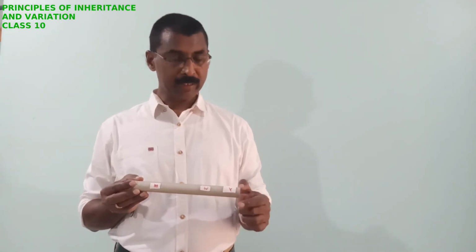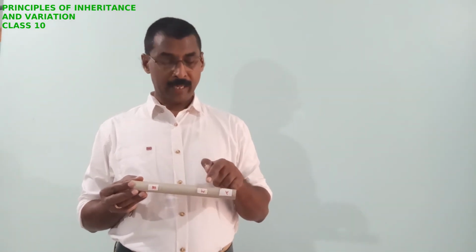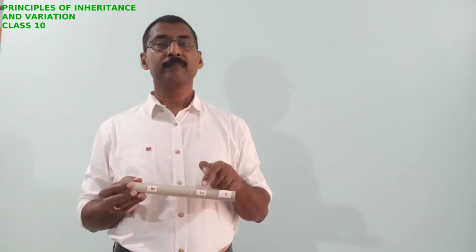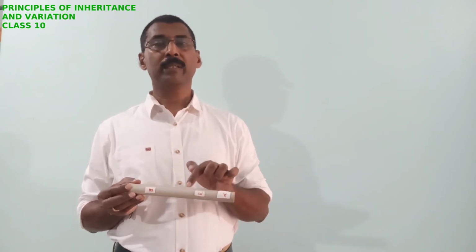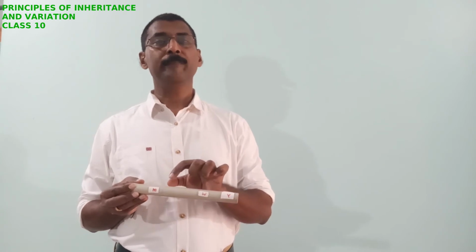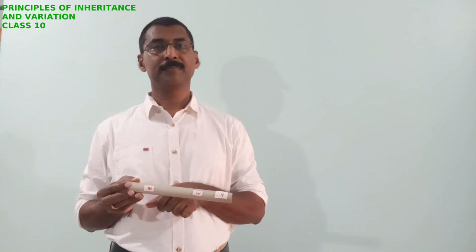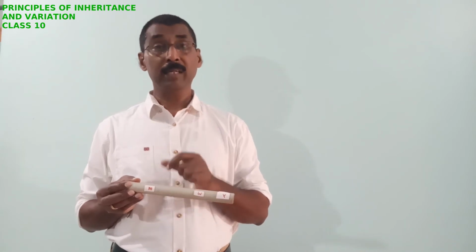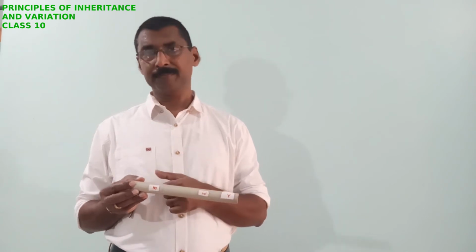Okay, recombination means they should be separated, and this part of the chromatid should be separated and joined with the non-sister chromatid of the homologous chromosome, where its dominant allele or recessive allele may be present.